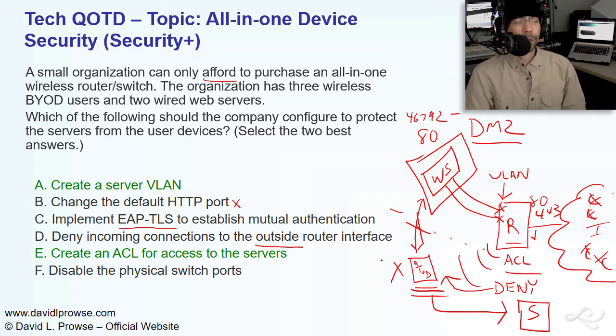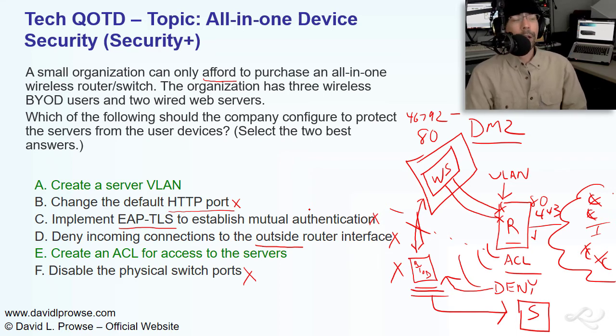That would stop the BYOD users from connecting to it, but it would stop everyone from connecting to those web servers. So disabling the physical switch ports, that's not going to work. We don't want this. And changing the HTTP port could work, but not the best answer for multiple reasons.